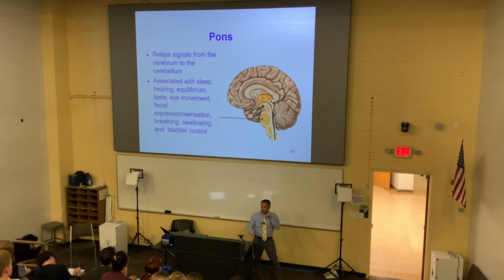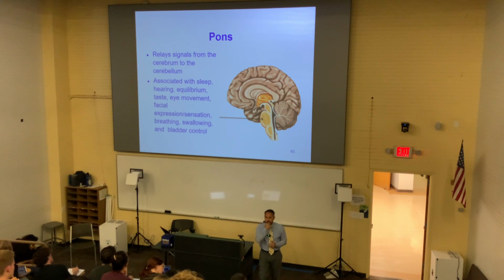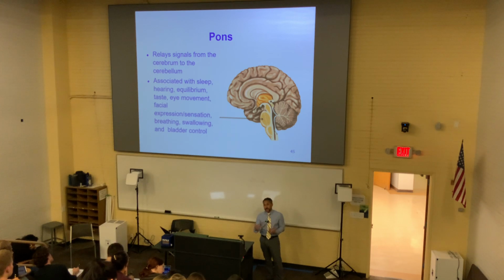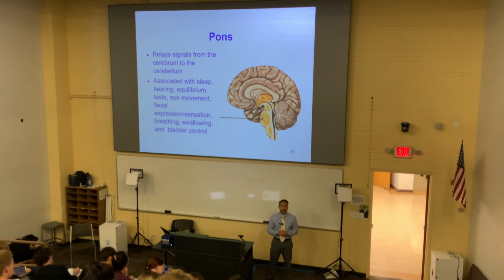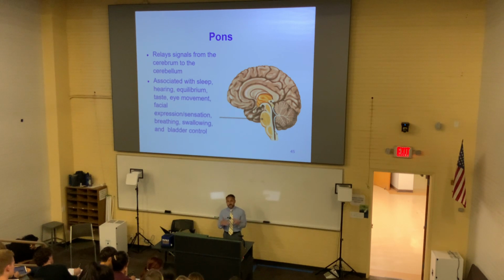And it has a lot of connections that take place for functions like monitoring sleep, hearing, equilibrium, taste, eye movements, facial expressions, breathing, swallowing. And breathing and swallowing, now these are some of those autonomic functions too, right? As well as bladder control. So again, you can see on the list things that aren't always under conscious thought process.